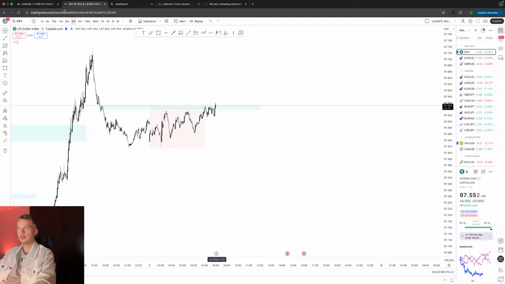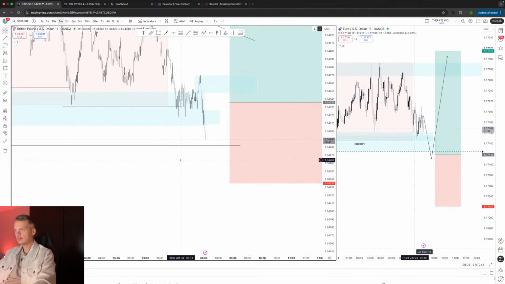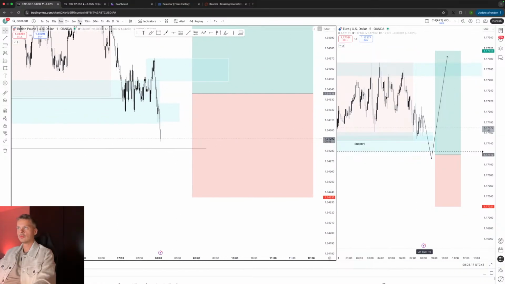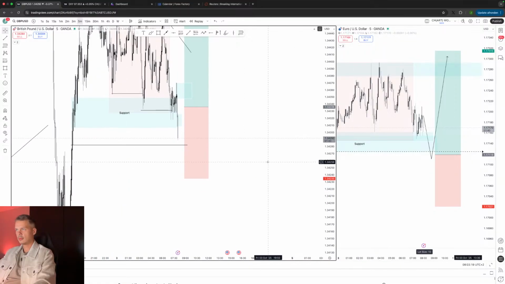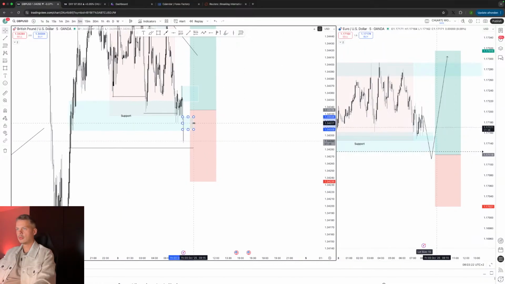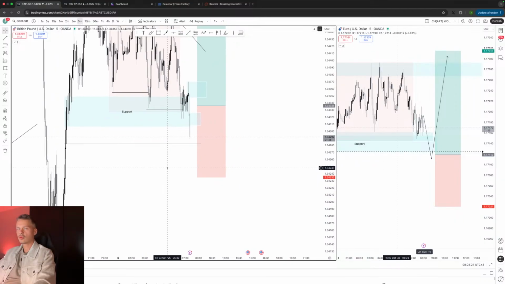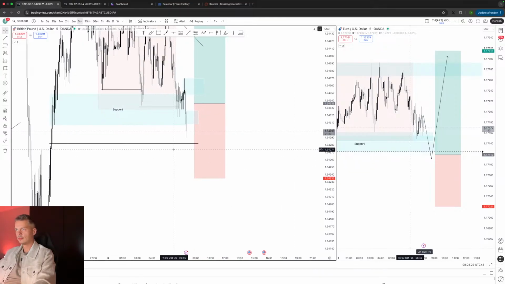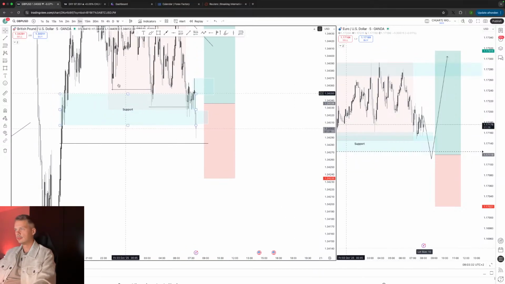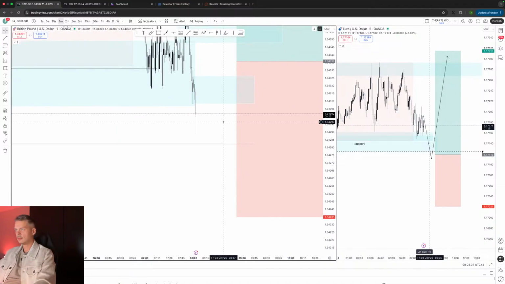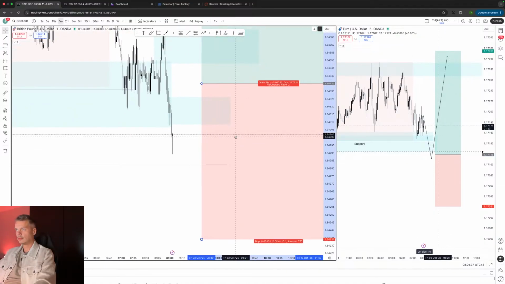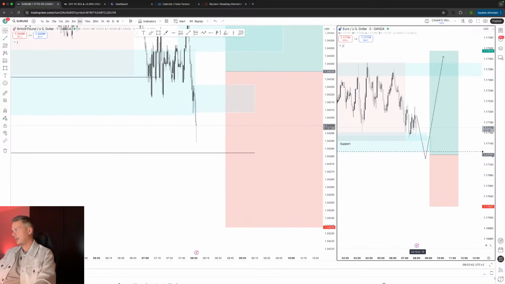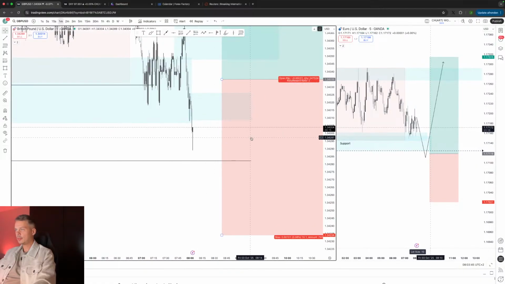DXY looks also pretty solid. Yeah, I think we have to wait for EU as well, but it looks pretty good.